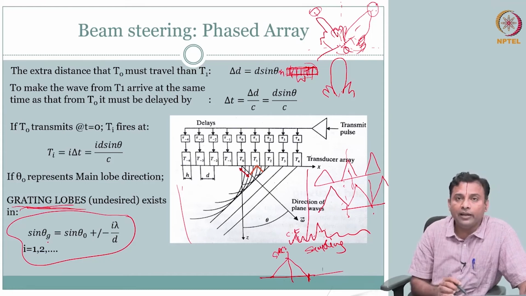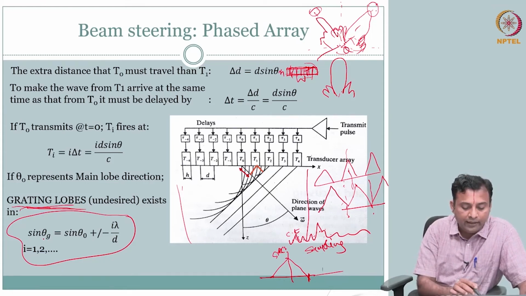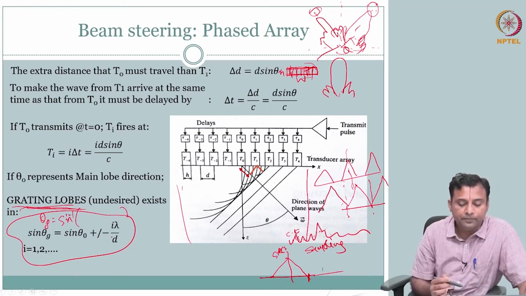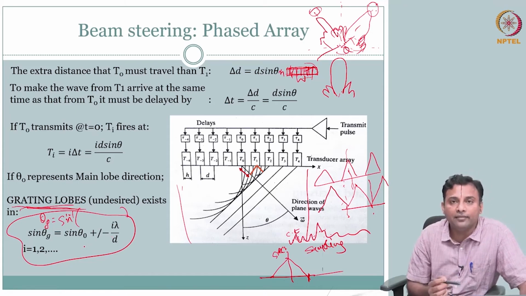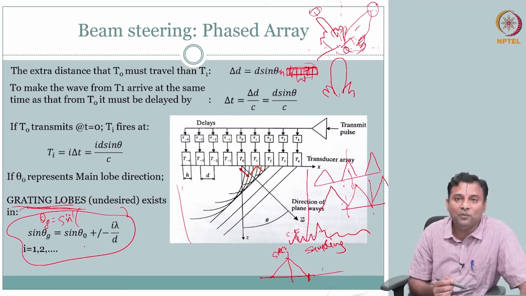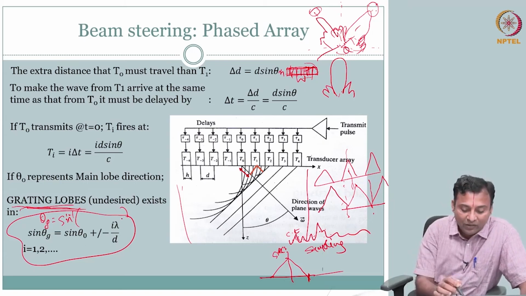How can I eliminate grating lobe? Oh, because this is sin theta, so grating lobe will occur at theta g, at sin inverse of this quantity. So you would want this quantity to be greater than 1, right, then you don't have grating lobe. How do you make that? Look at this guy.